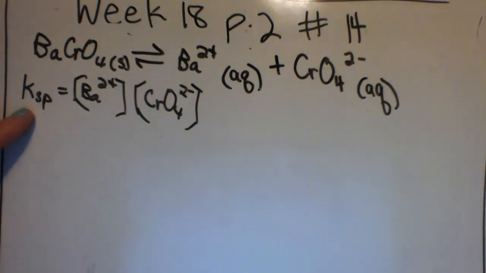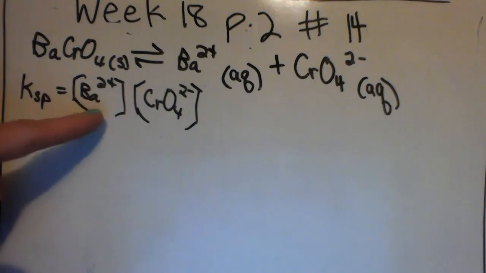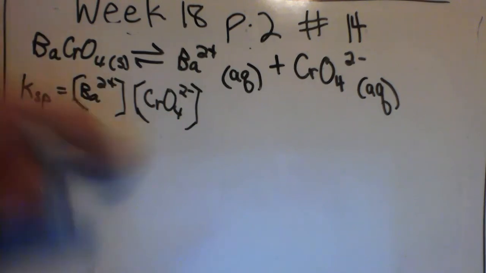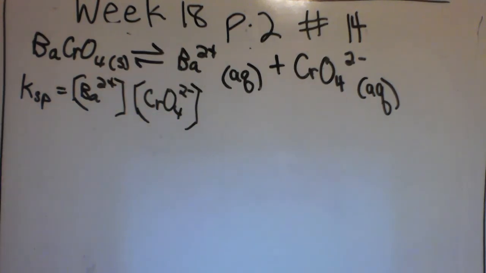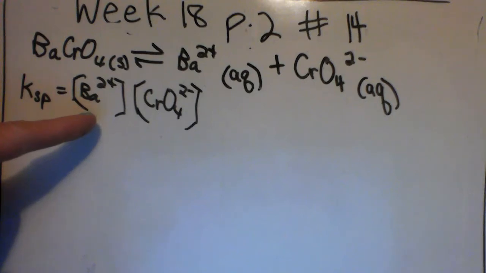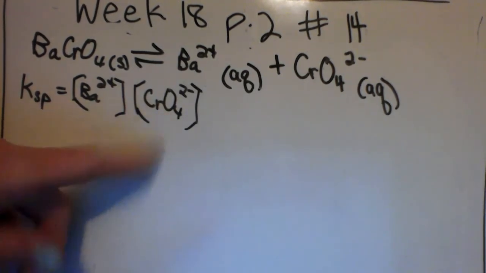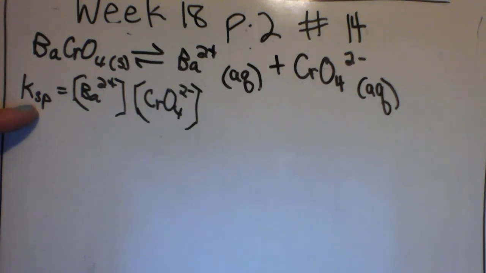Now, if we look at the solubility product constant expression, we can see that for every one barium ion, there is one chromate ion. The problem hasn't given us any numbers for the concentrations of either of these, but it has given us the solubility product constant for this reaction at 25 degrees Celsius.